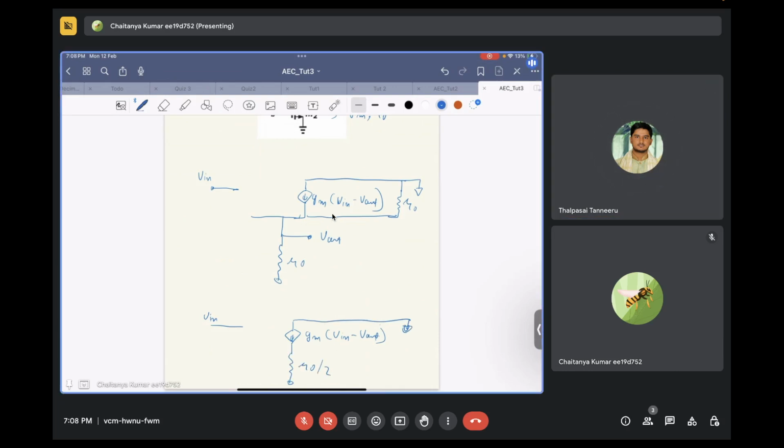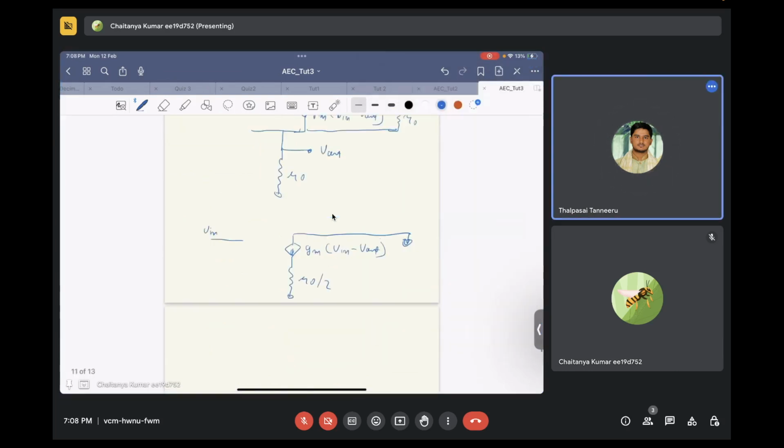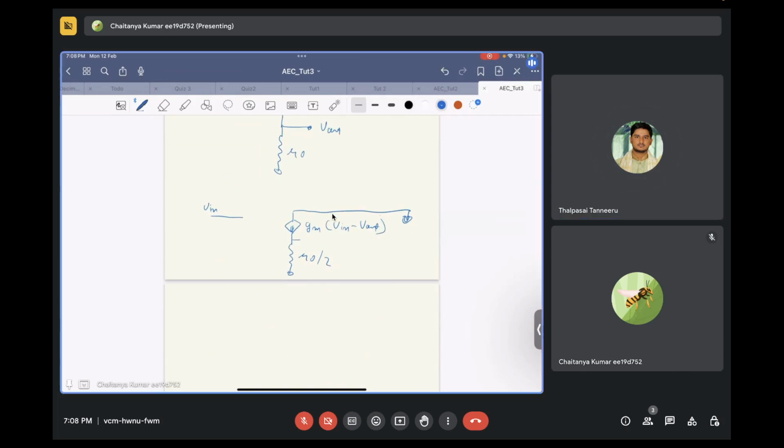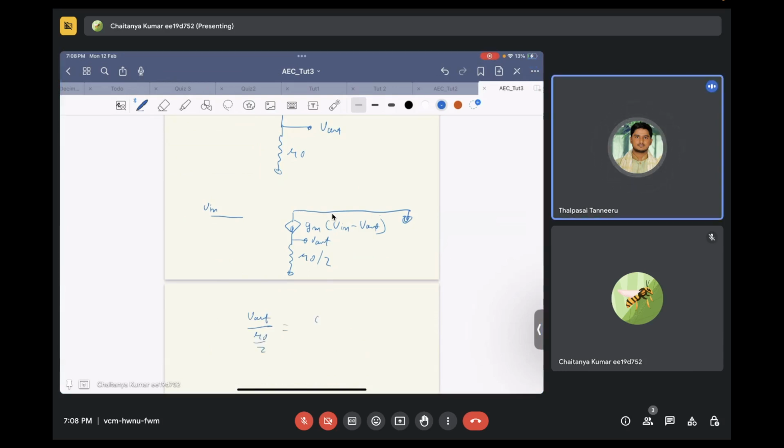So what will be the output voltage over here now? Vout by (r_o by 2) is equal to gm times (Vin minus Vout).